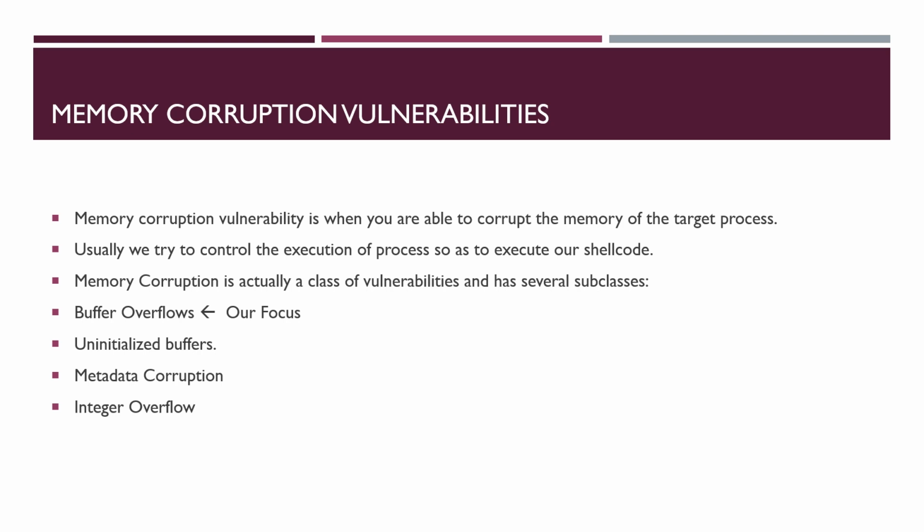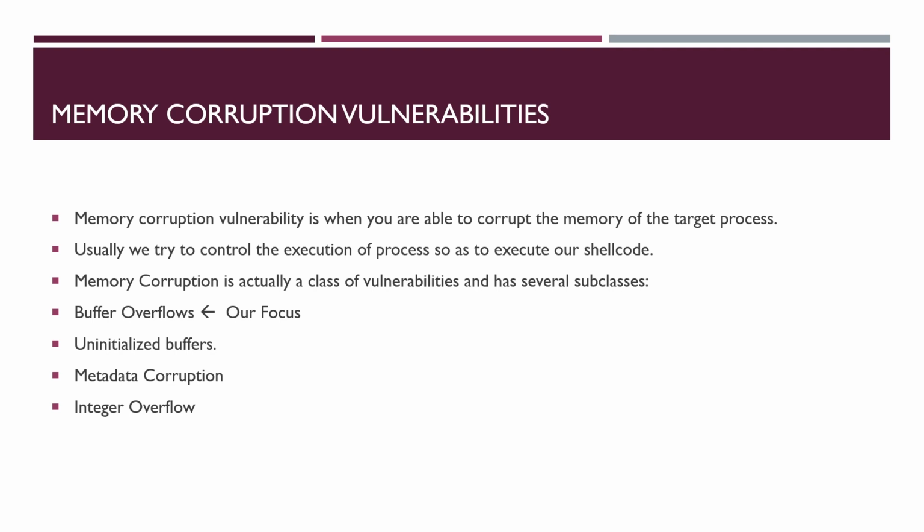When you call a function, the address of the next instruction after that call is stored on the stack, and if you overwrite the stack too much, that value may be overwritten. When you return from the function, since you overwrote the return address, it gets corrupted. That, in essence, is our focus, memory corruption.